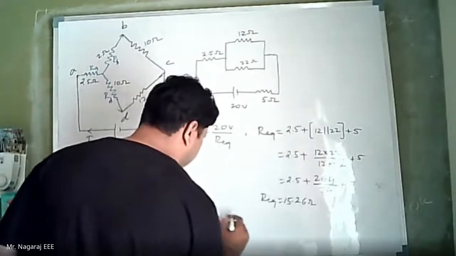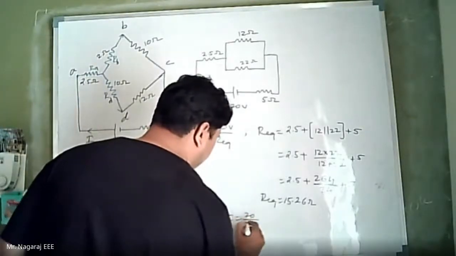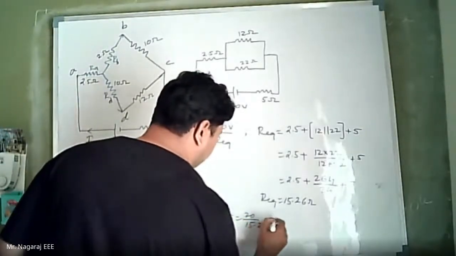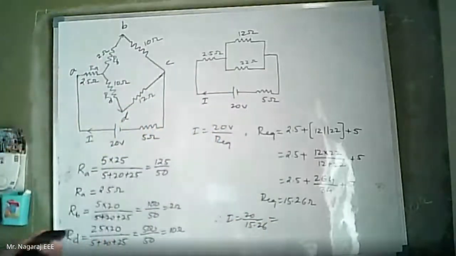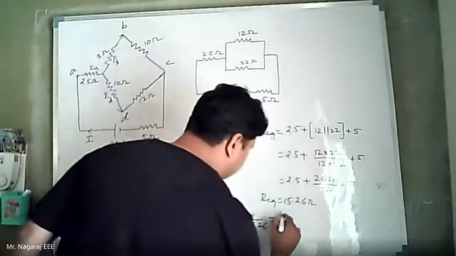Therefore, I is 20 divided by 15.26. So this is equal to 1.31 amps.